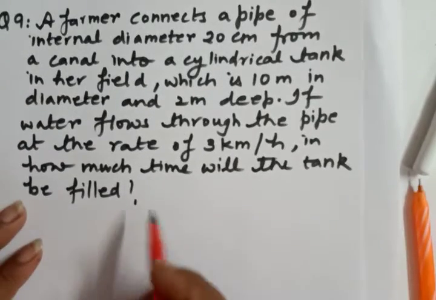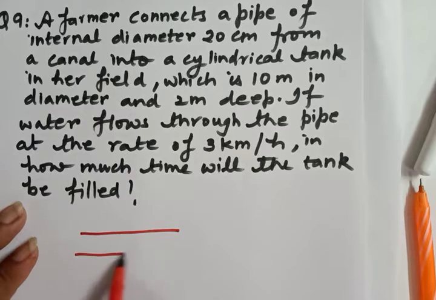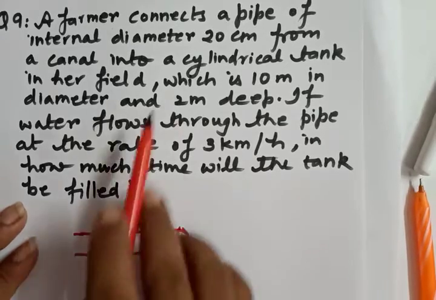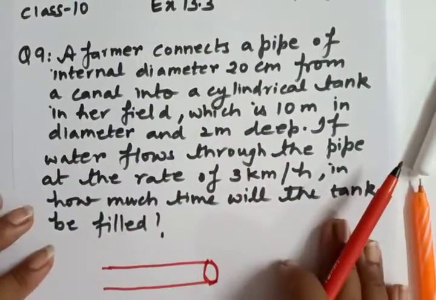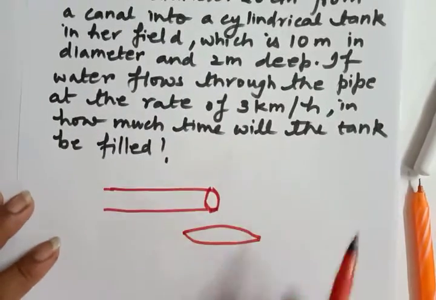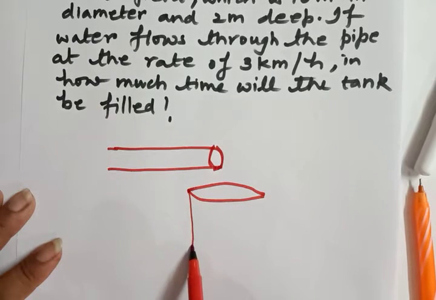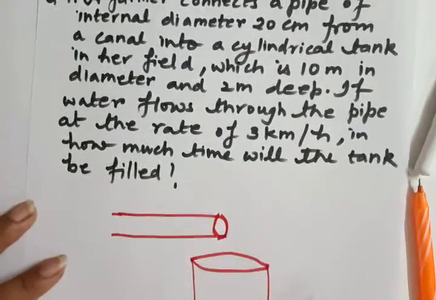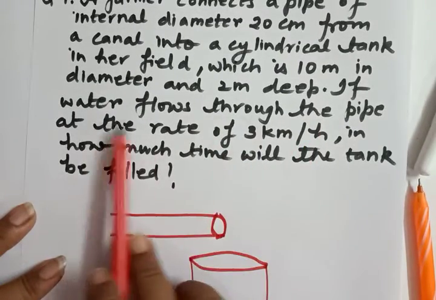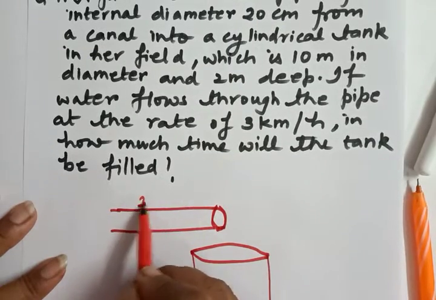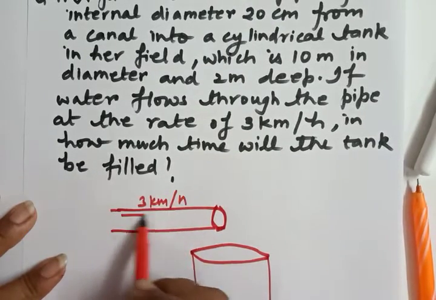So this is the pipe, and the tank is cylindrical. Water flows through the pipe at the rate of 3 km per hour. It is flowing like that.